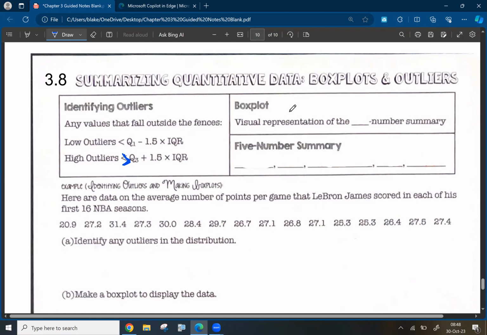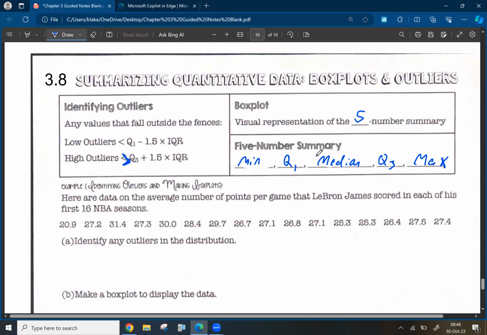So a box plot is a visual representation of the 5-number summary. Now, what is the 5-number summary? The 5-number summary goes from the minimum, the maximum, and then the main things in between, which are Q1, median, and Q3. There you go.